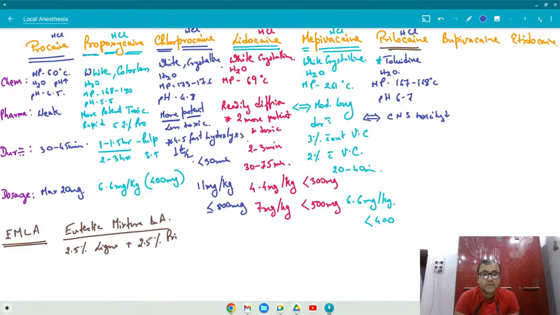It will not affect the brain much. Another good thing, or as a clinician you can say it is bad, but for the patient it is good, is that it has a very high, rapid biotransformation.